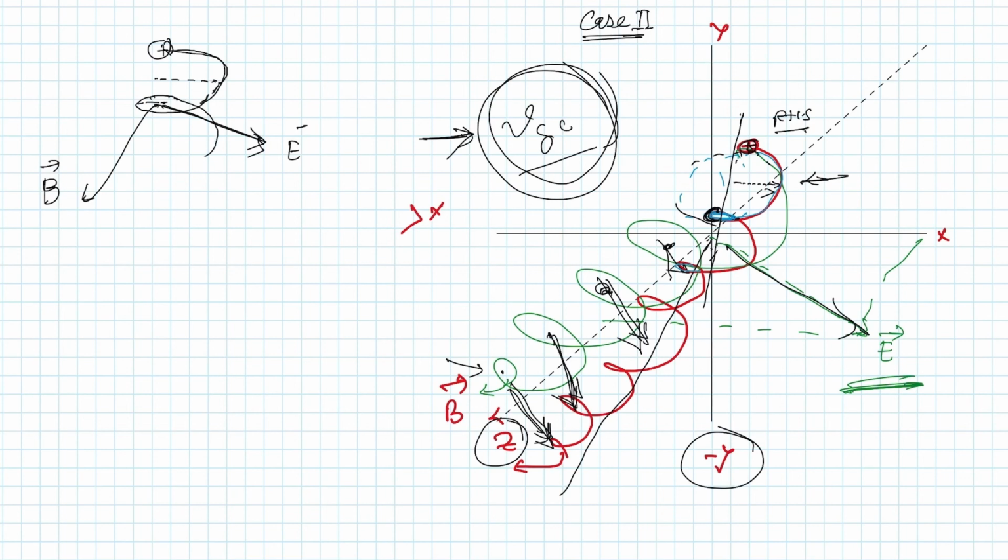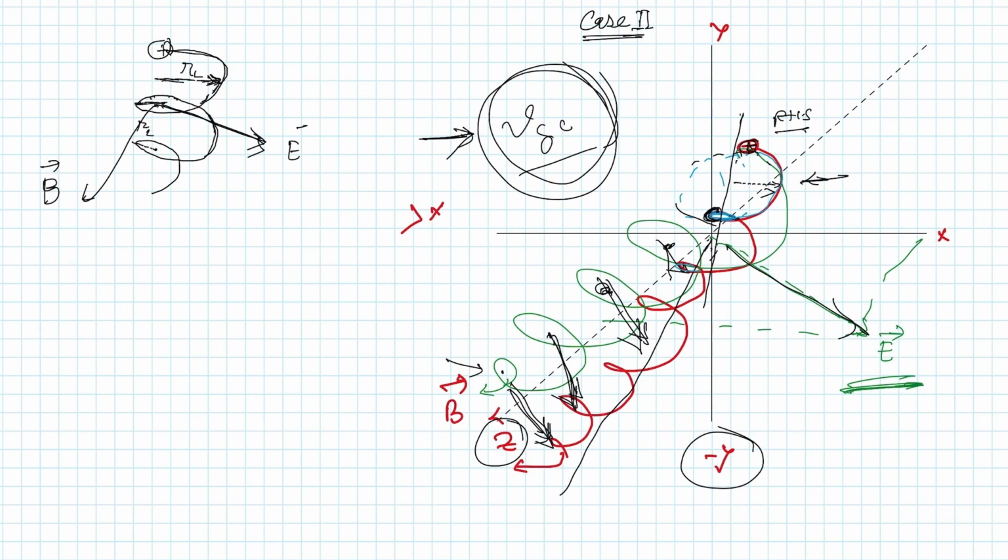Along this direction its energy will be increased, and then in this direction energy will be decreased. That's why here you see, in the first half cycle on the right hand side the Larmor radius increases, and on the left hand side it decreases.